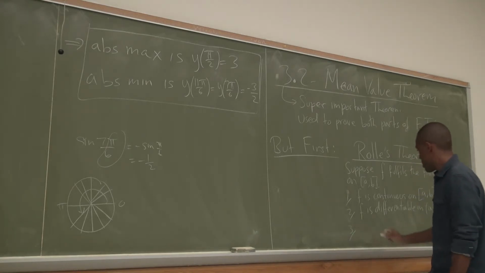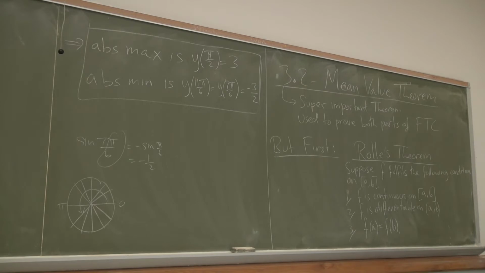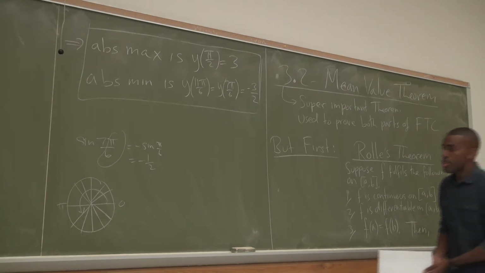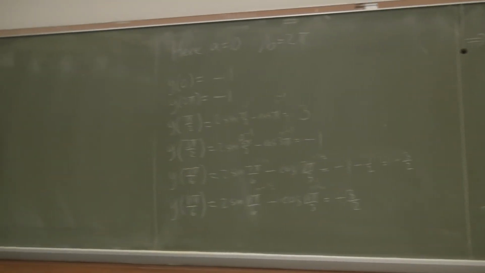Three, f of a equals f of b. Then here's the conclusion. You can make a conclusion about this. What is the conclusion? There exists a point such that f prime of c equals 0.